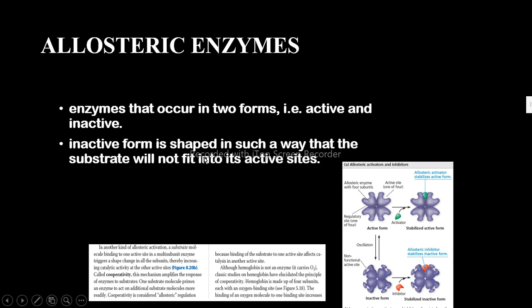The inactive form is shaped in such a way that the substrate will not fit in the active site.